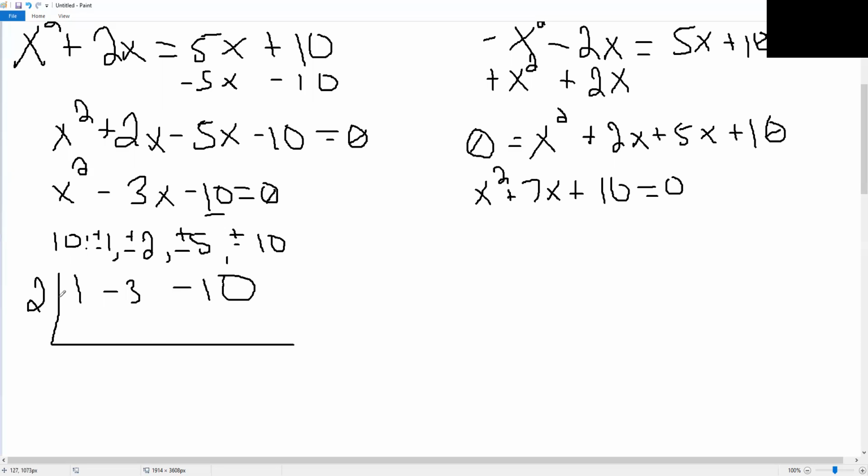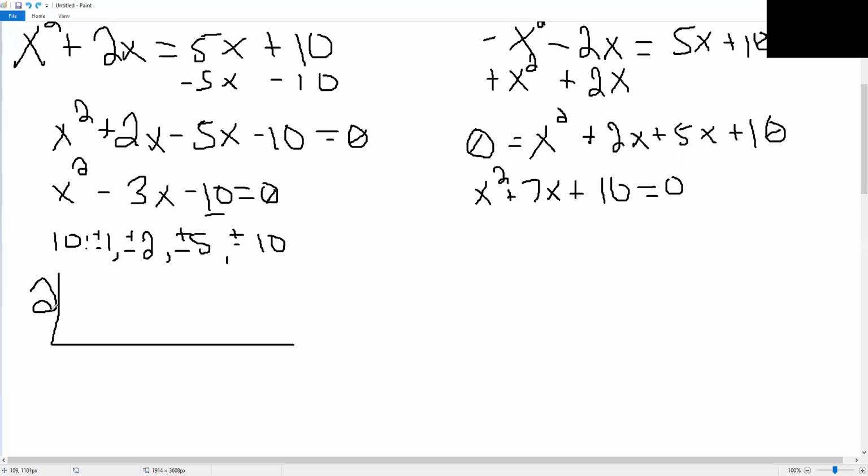Well, I know that -1 is not going to get you near 10 from the last equation we just did. So I'm just jumping up to 2 to see what it does. And 2 times 1 is 2, -3, and that's -1. And I know -1 times 2 is not -10. So that's not going to work.